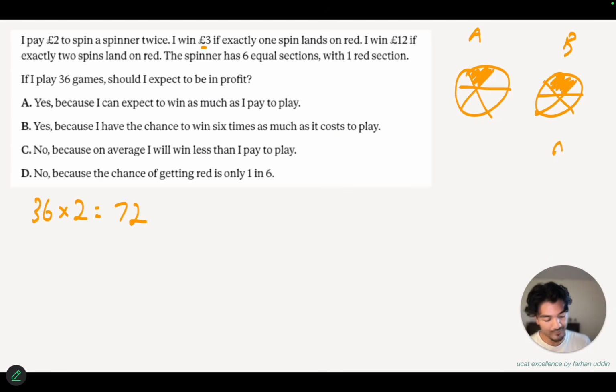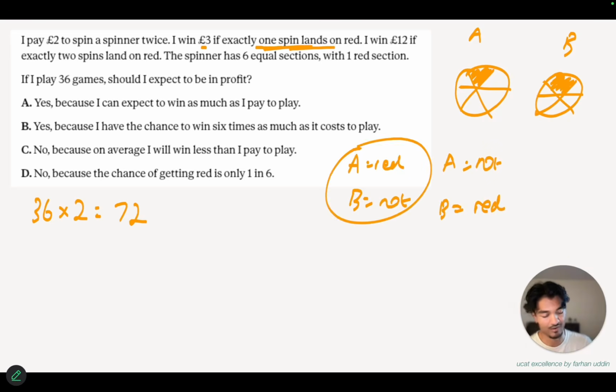So let's figure out what's the probability of getting exactly one to land on red. So having one to land on red looks like 2 cases where A is red and B is not, but then also we have A is not red and B is red. So what does that look like?